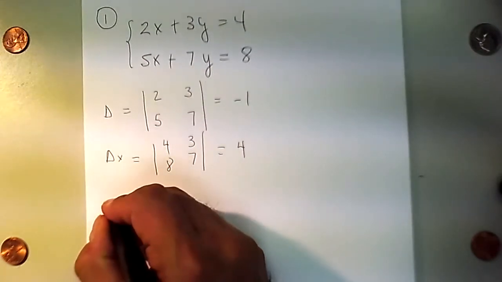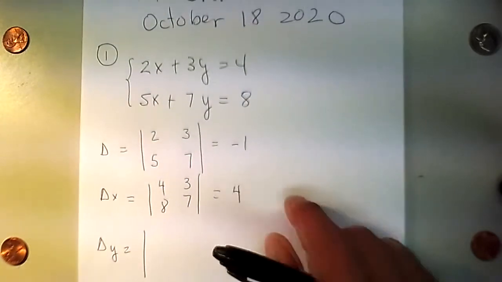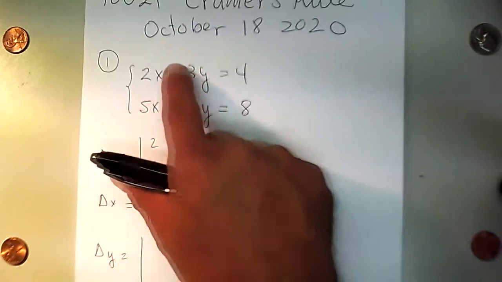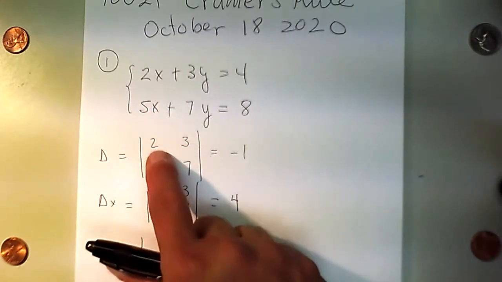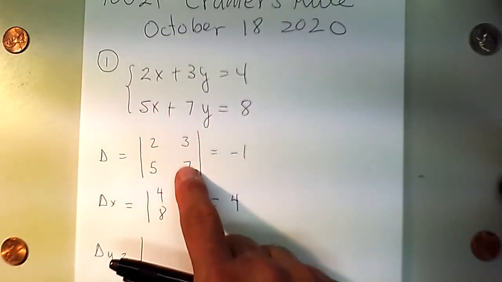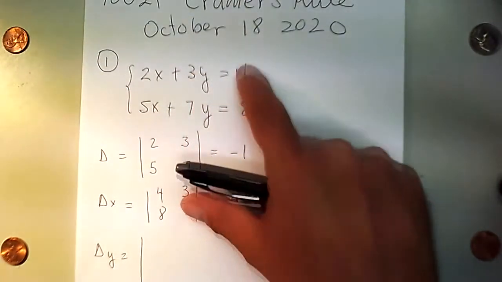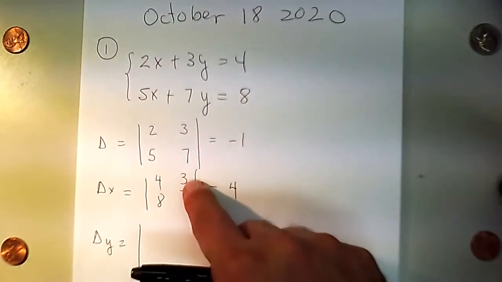And then delta y is the determinant from the original matrix, the original coefficients, wipe off the column of the y's, the 3 and the 7, and replace it with 4 and 8, with the constants. But keep the 2 and 5. So we're not going from this to that.